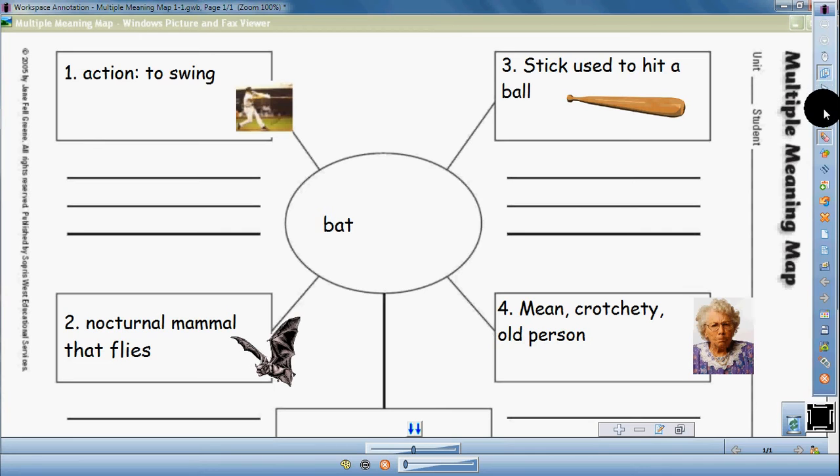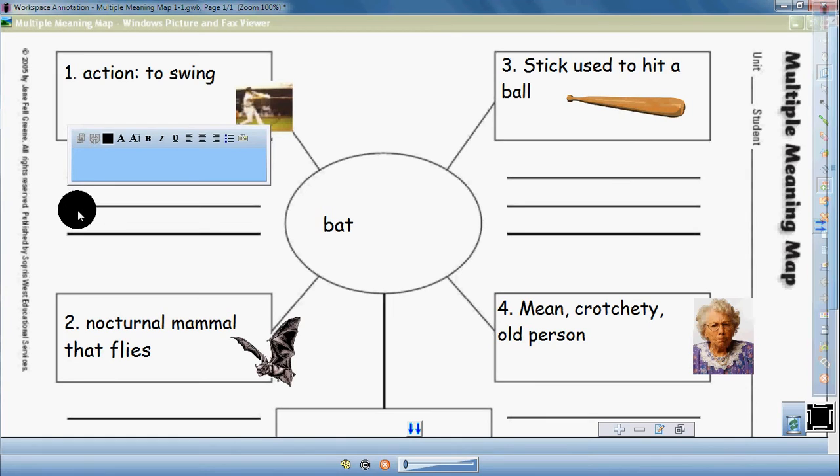is to swing. So, it is the actual action of swinging that we have here. Let's write a sentence using that meaning, to swing.